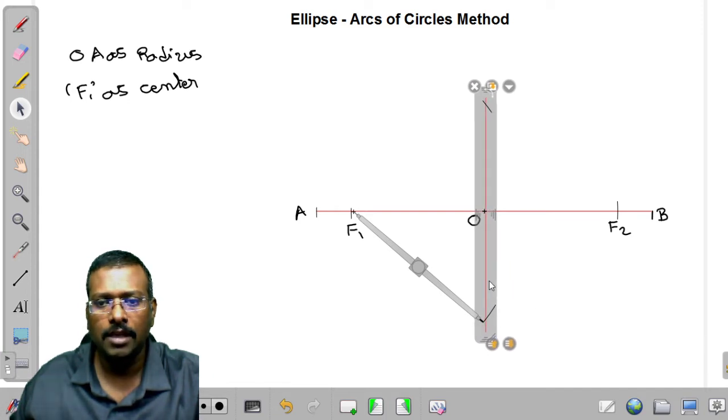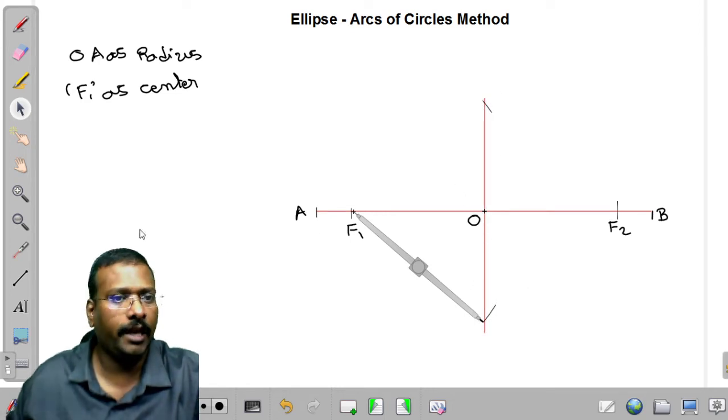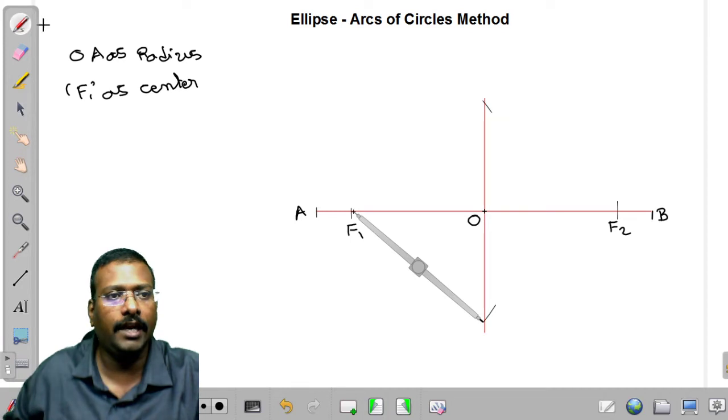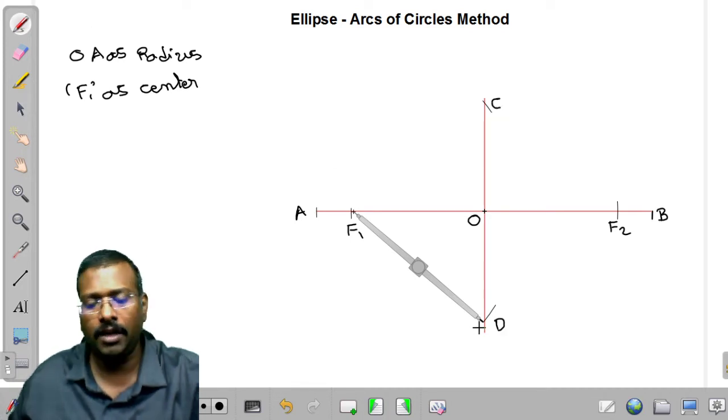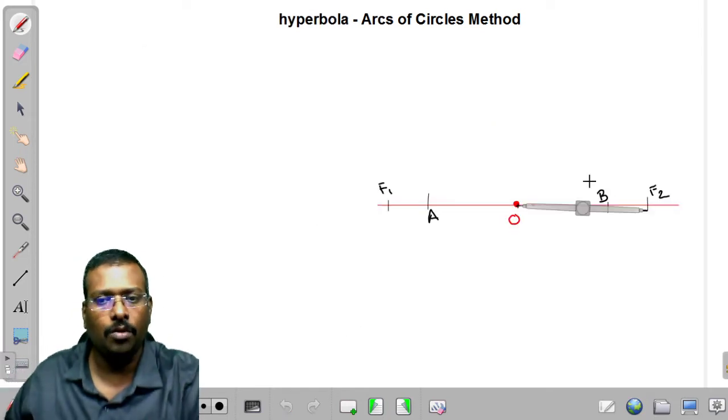OA as radius, F1 as center, draw the arcs on the vertical line. We will get C as well as D. But this minor axis is there for ellipse only. For hyperbola, no need to draw them.